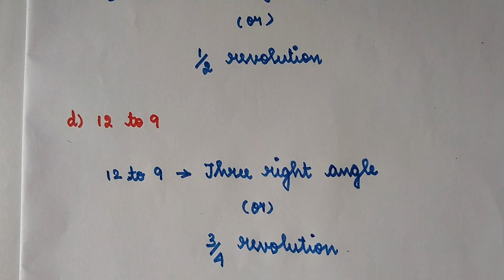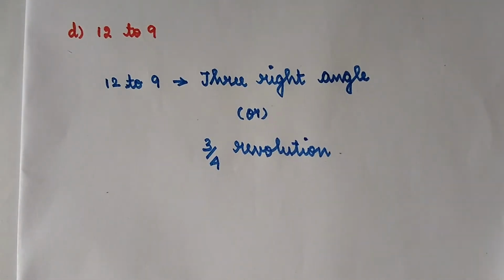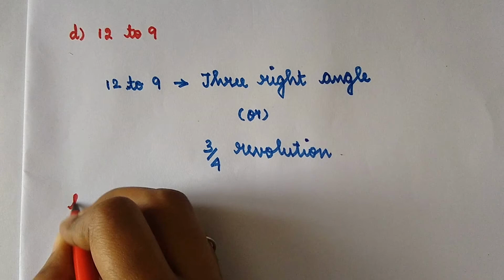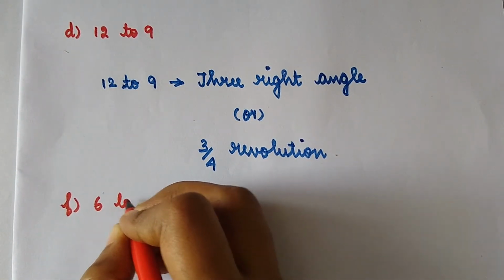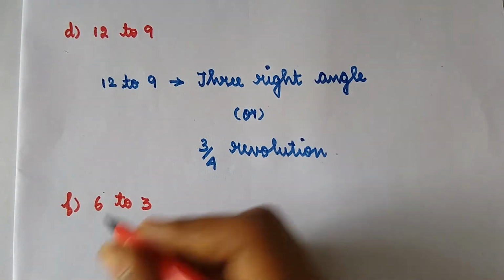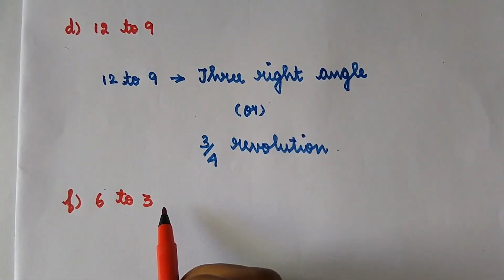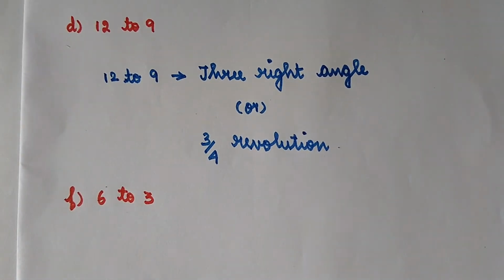Okay, next let's move to the next subdivision, that is F. F is 6 to 3. We have to move from 6 to 3 in the clockwise direction.